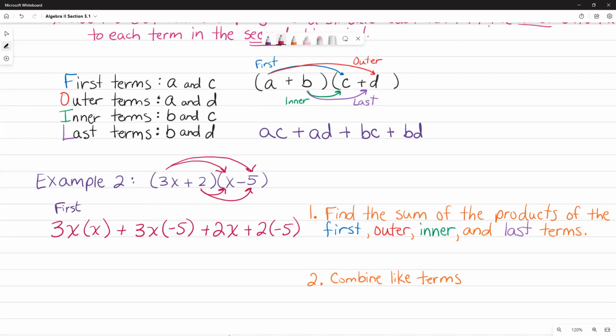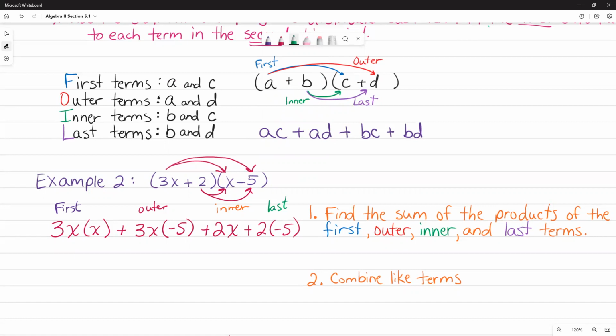And then we have the outer terms, the first in the first one, the last one in the second one. And then these are the inner, the 2 and the x. This is the last terms. Okay. And then we just combine.